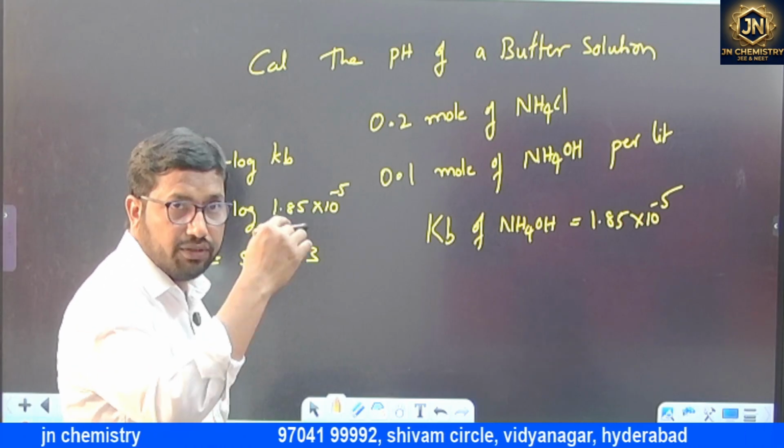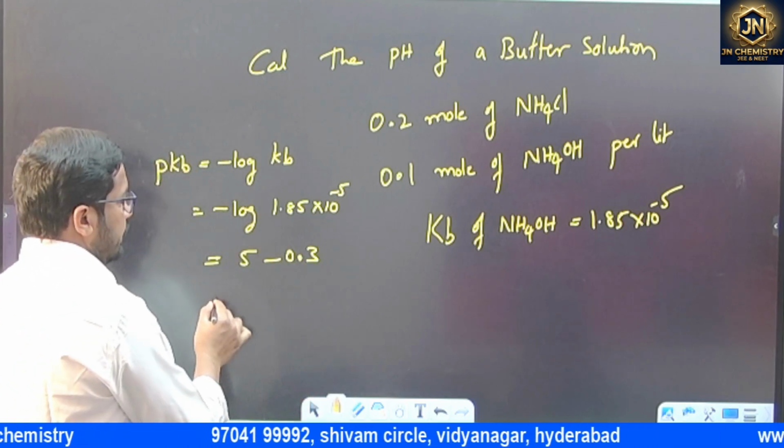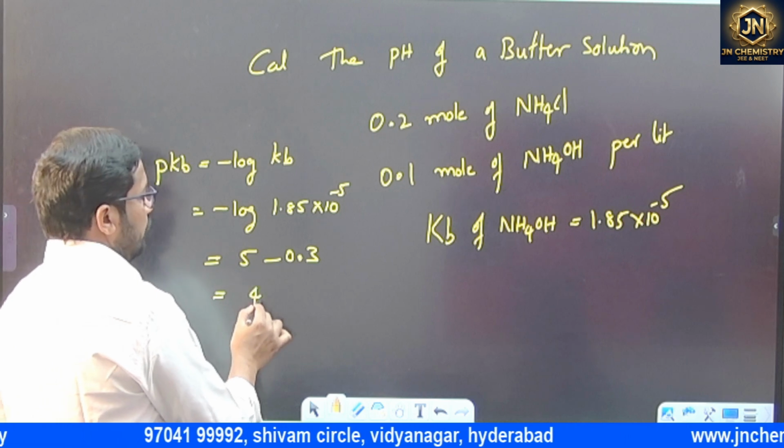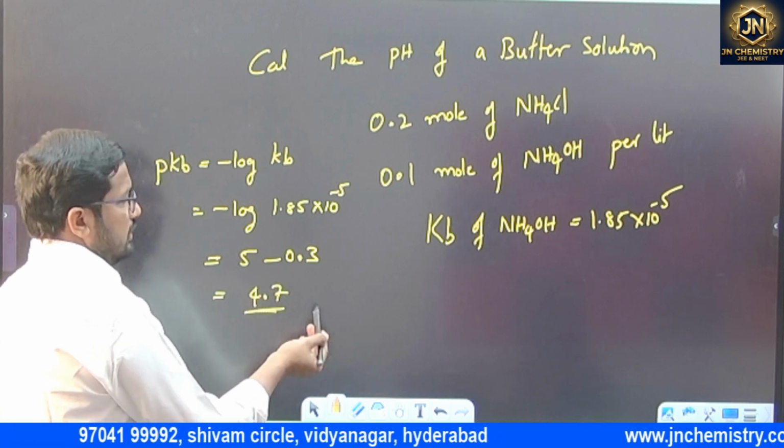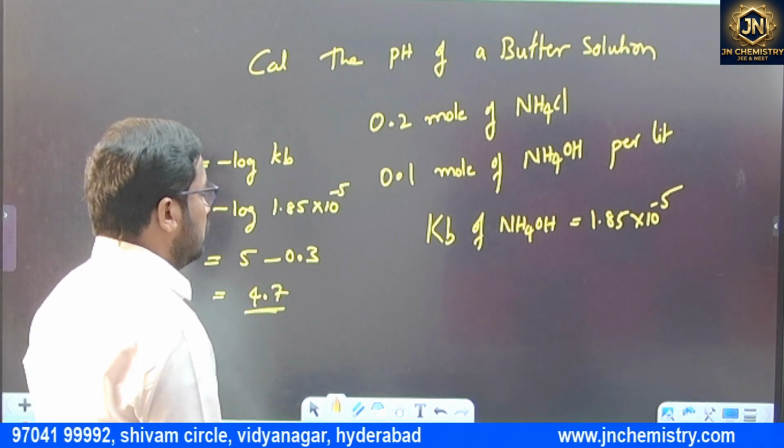Sometimes otherwise they'll give the exact value, but approximately you can use 4.7.